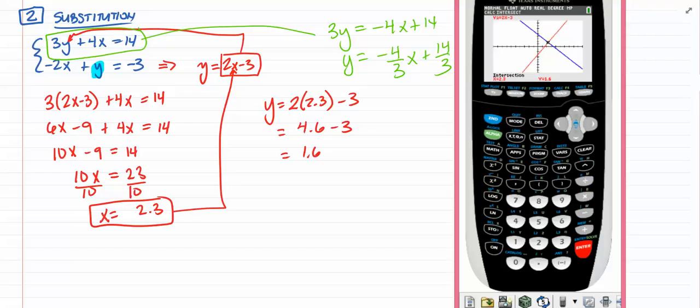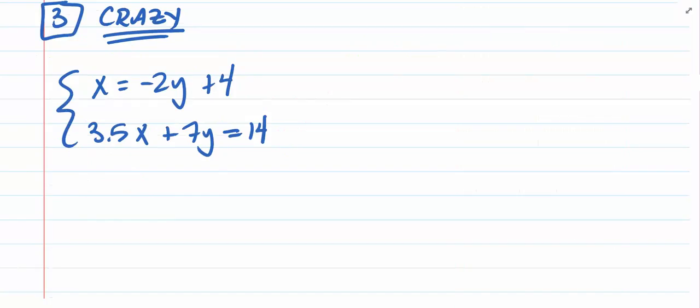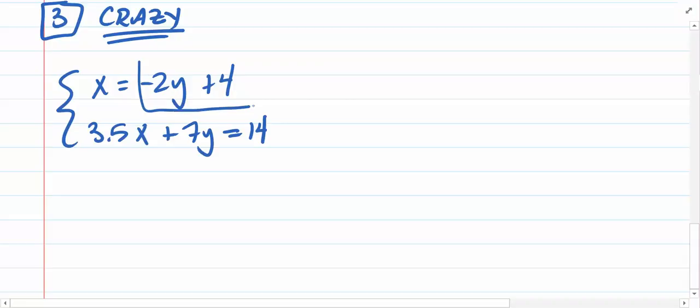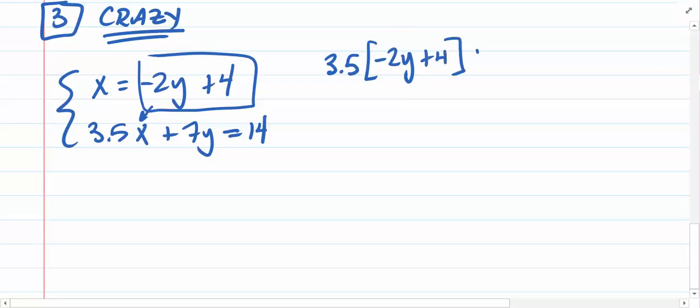Okay, we have to talk about this type of an example. I call this a crazy example. All right. I'm going to use substitution because in my first equation, x is already solved for me. So I know that every x is worth negative 2y plus 4. So I'm going to plug it right there. So I get 3.5 multiplied by negative 2y plus 4 plus 7y is worth 14.